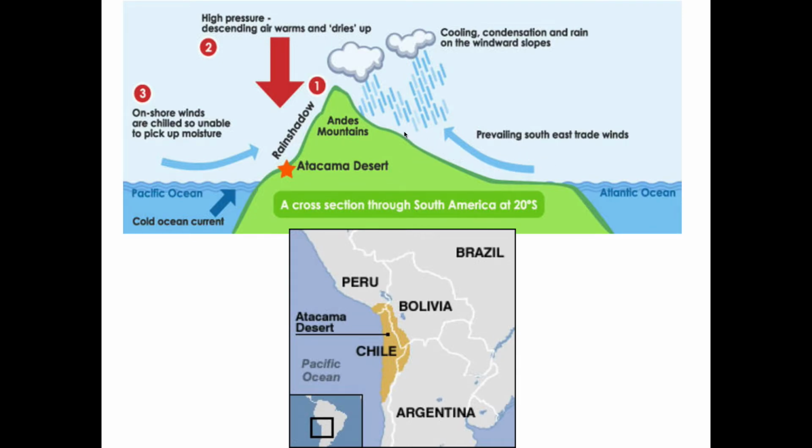The air is forced to rise over the Andes, it cools, it produces clouds and precipitation, and by the time the air sinks the other side, there's no water left, and you get the Atacama Desert. And it hasn't rained for at least the last 400 years in the Atacama Desert.